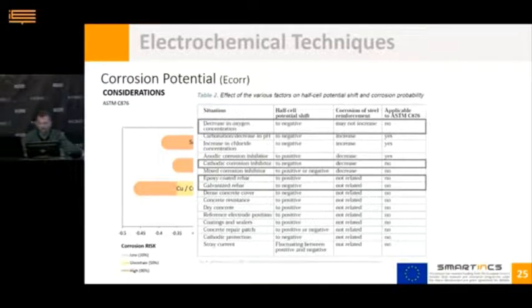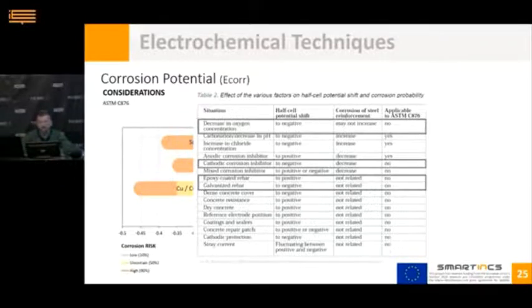First, one of them is the oxygen concentration on the rebar surface. A decrease in oxygen concentration will result in a more negative reading of the corrosion potential. For example, the steel reinforcement in a dense concrete cover with low permeability will have a more negative corrosion potential than that in a porous concrete with higher permeability.